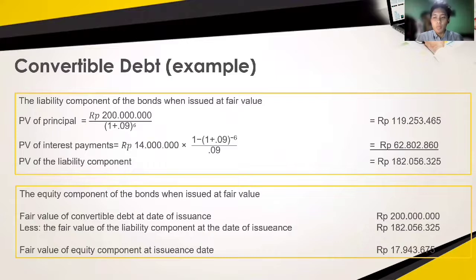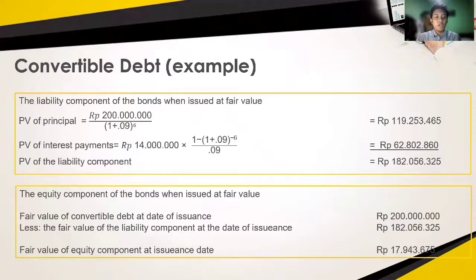We get 119 million rupiah in present value of principal, and the 14,000 million rupiah we get from 7% of 200,000 million rupiah, and we get present value of interest payment 62 million.